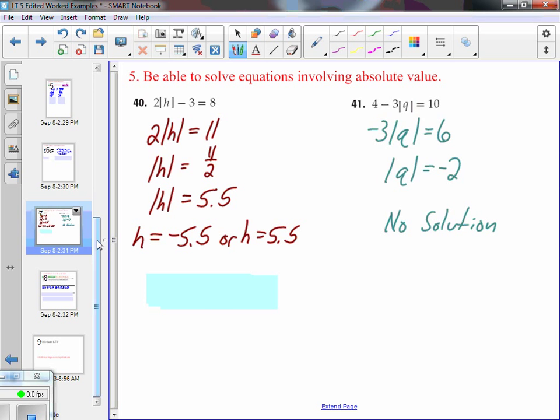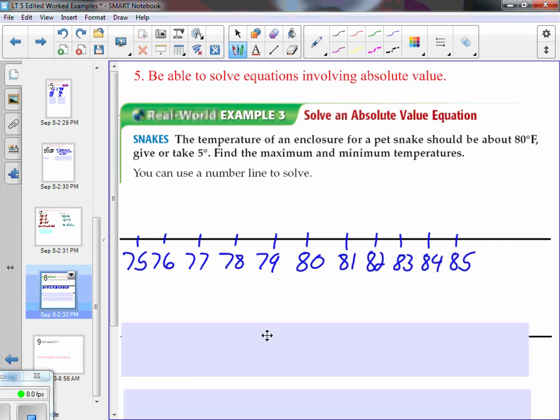We still doing all right? Let's see if we can't solve this word problem. The temperature of an enclosure for a pet snake should be about 80 degrees Fahrenheit, give or take 5 degrees. Find the maximum and minimum temperatures.